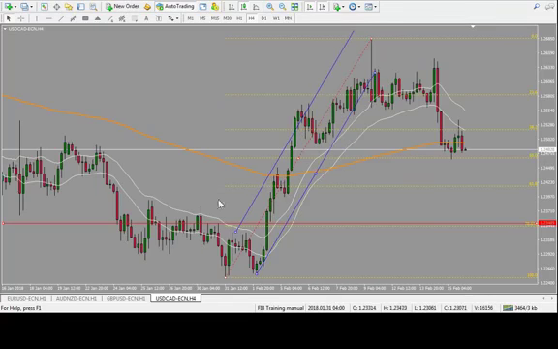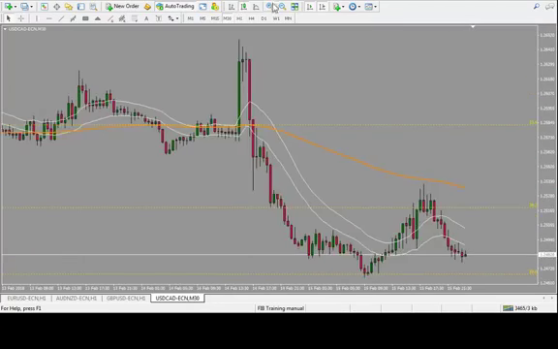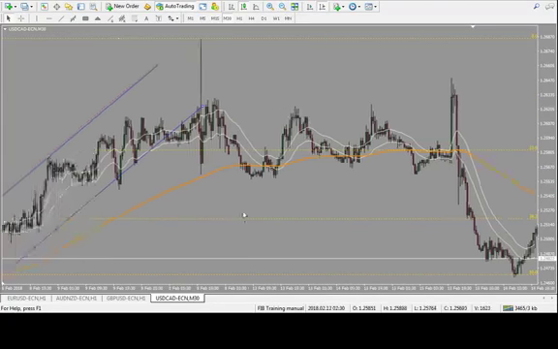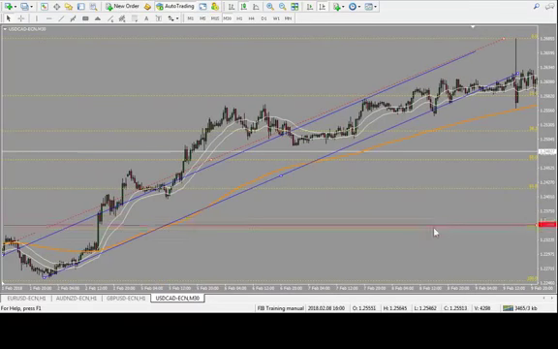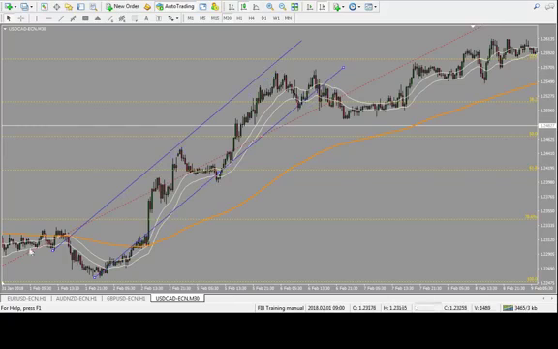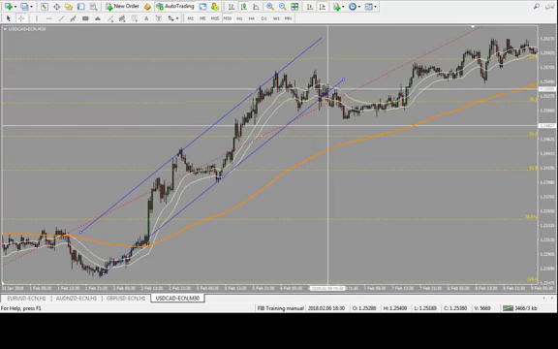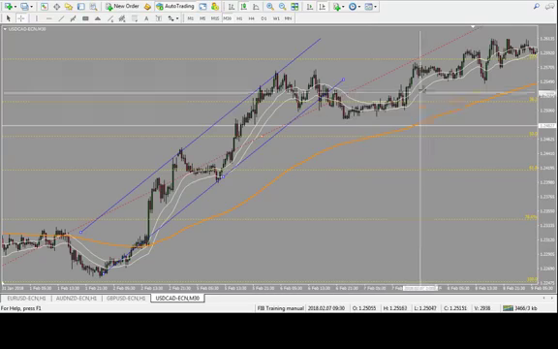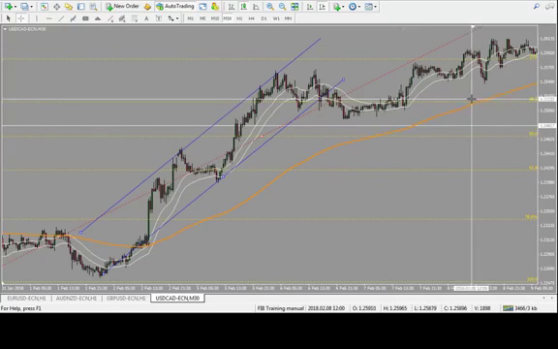If you go to a smaller time frame, say the 30-minute chart, and go back to this swing here, then you start to see within this bigger trend a small channel, like so, and then you have a break, but then a continuation because you're part of a bigger channel.